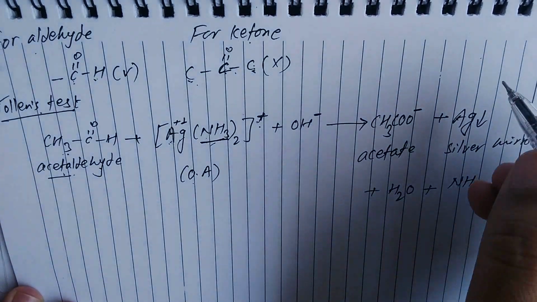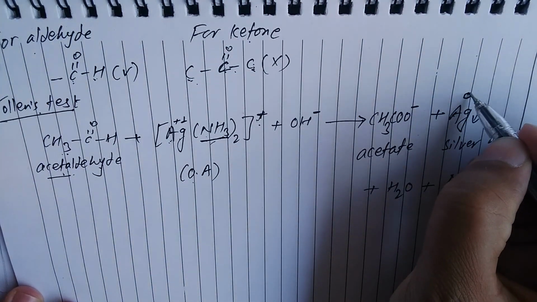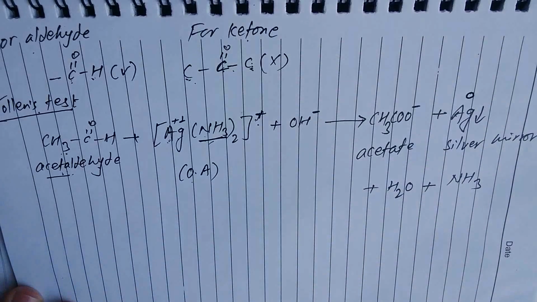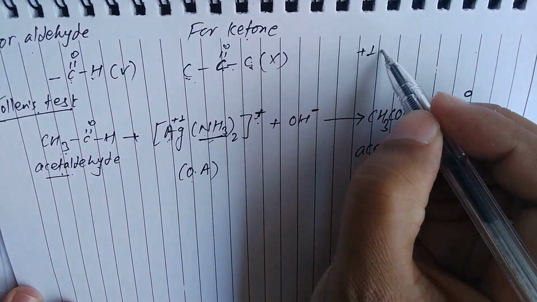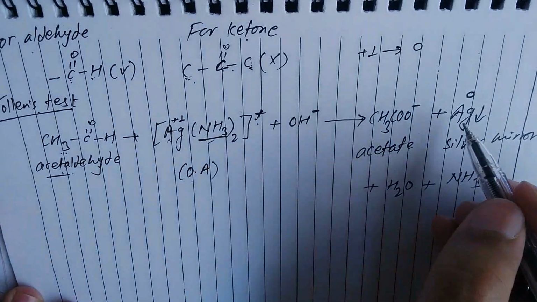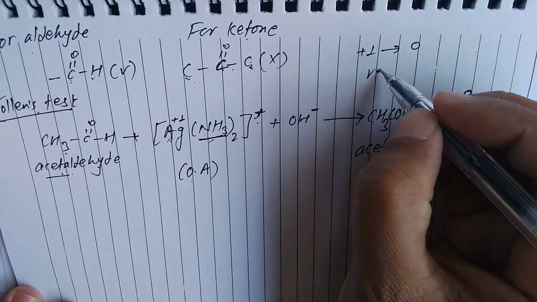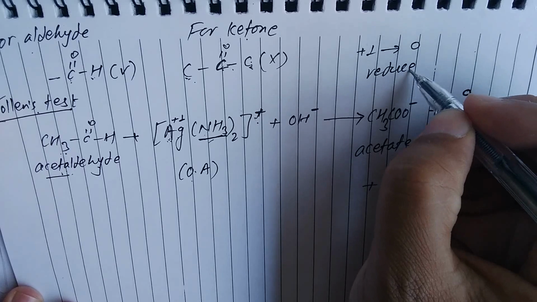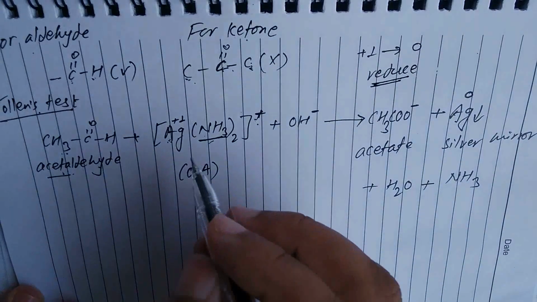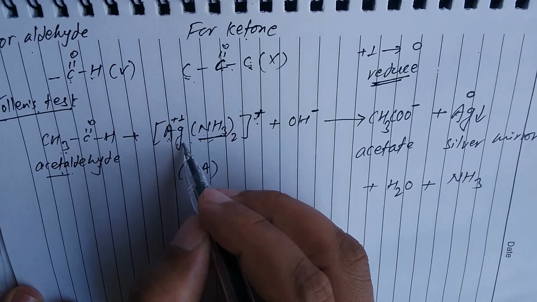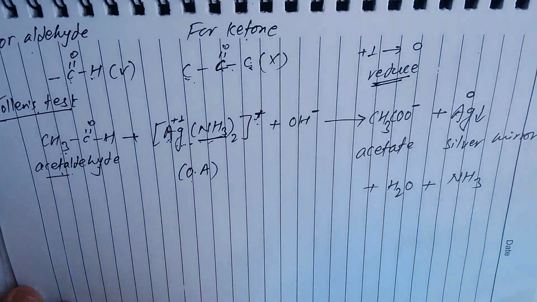And in silver mirror there is Ag in elementary form, that is oxidation number 0. So Ag goes from +1 to 0. So Ag is reduced, a decrease in positive charge, a gain of electron, reduction. So Tollen's reagent itself is reduced.